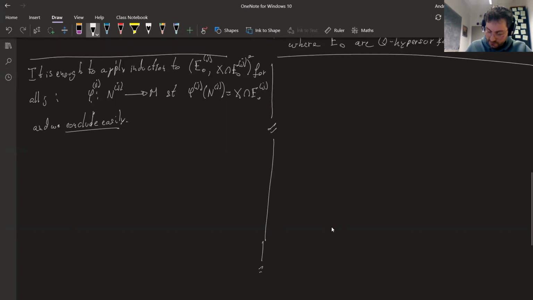The other trivial case of the induction is if M equals 0, there's nothing to do. You just take the immersion to be given by the set X into itself. X has to be either a point or empty. So it's not that there's nothing to do, it's just that it's trivial.